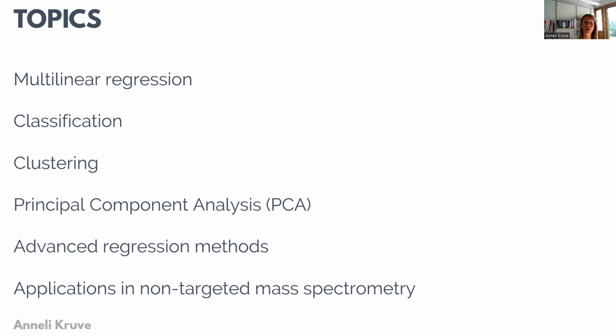And after this, we are ready to come back to regression to talk about advanced regression methods. And last but not least, we put all of this together and we look into, on the example of non-targeted mass spectrometric analysis, how multivariate analysis can really make a difference.